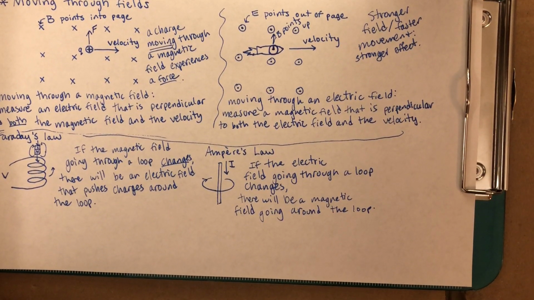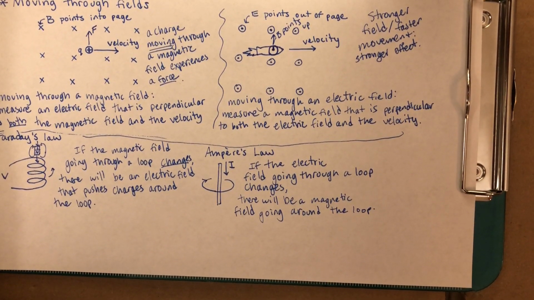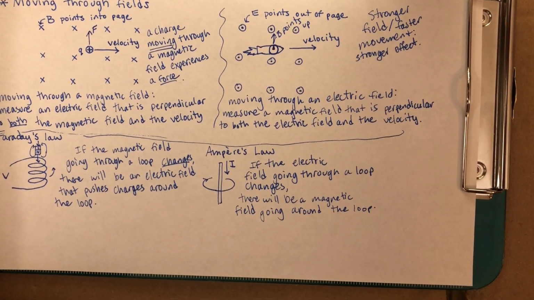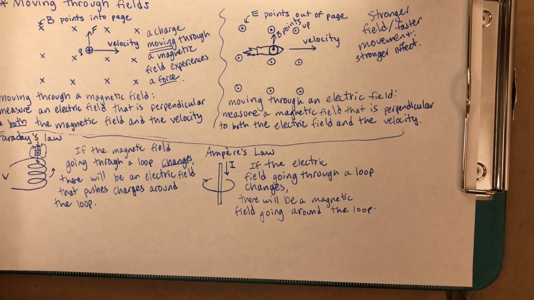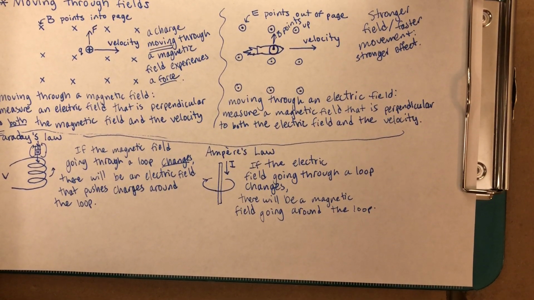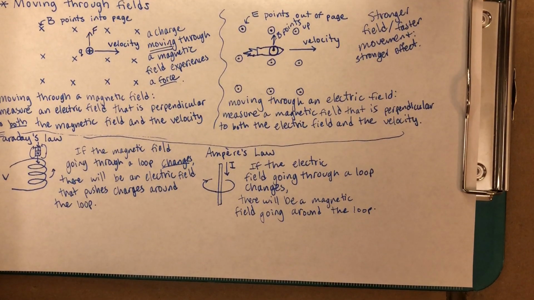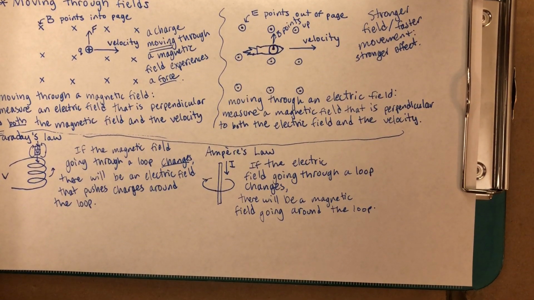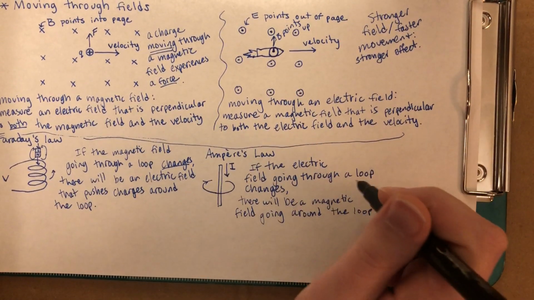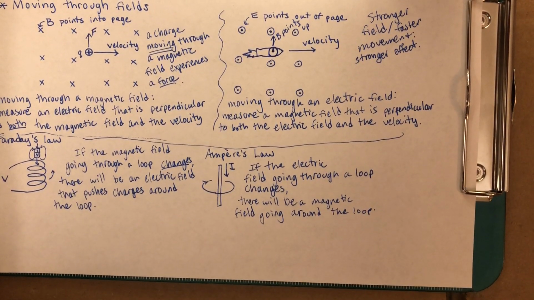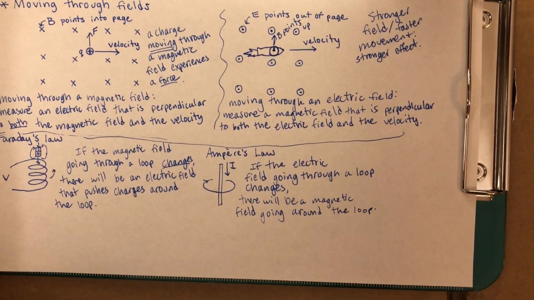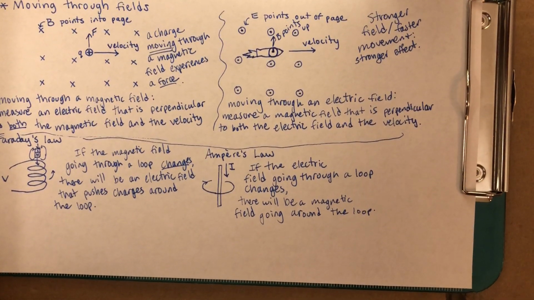But we don't have magnetic charges exactly. We have the north and south poles, but we know that we can't separate those into separate pieces. We do have electric charges, which means that we can have electric current. And it turns out that changing the electric field is similar in its physics results to just having a current.